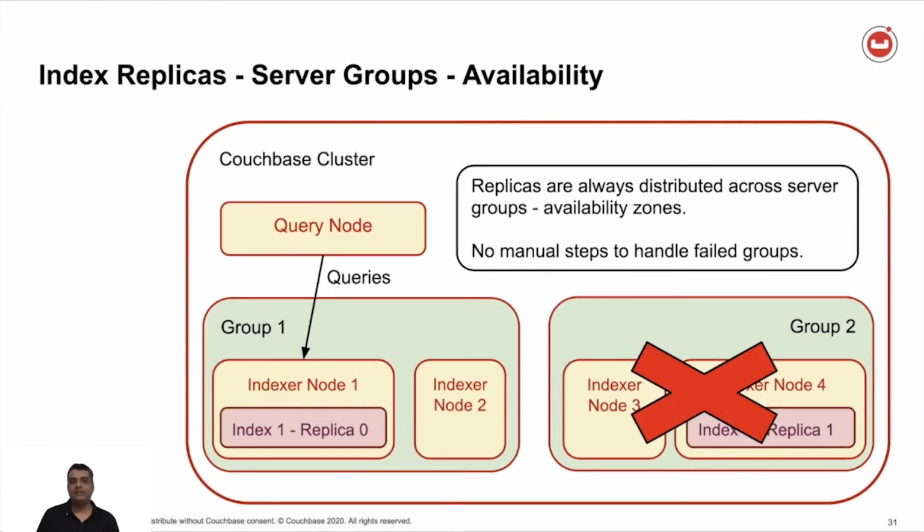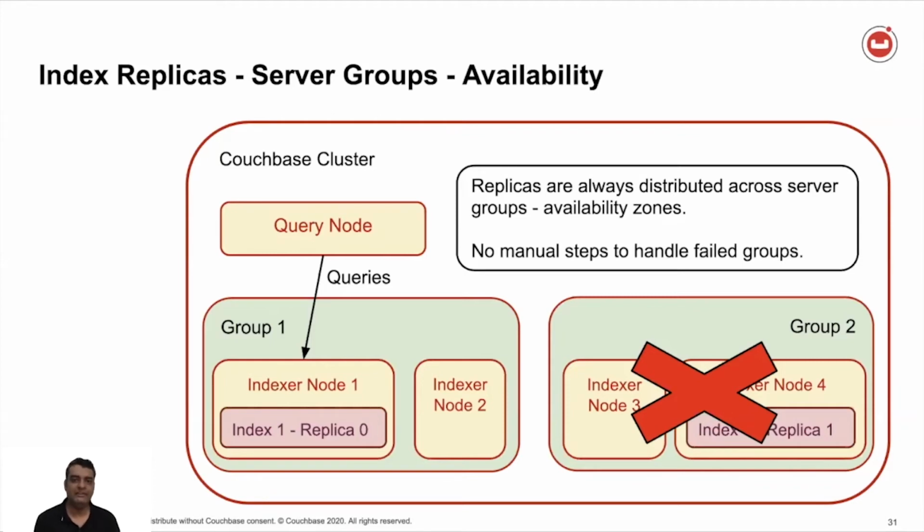Couchbase Server provides a feature of server groups where the user can map nodes to server groups, and each server group represents an availability zone.